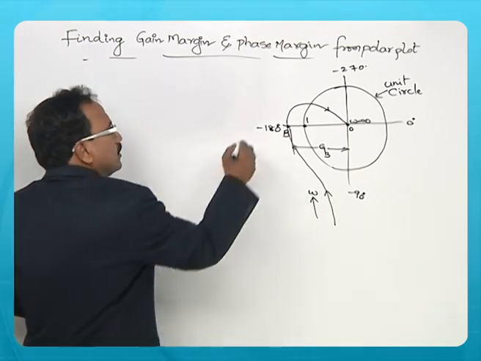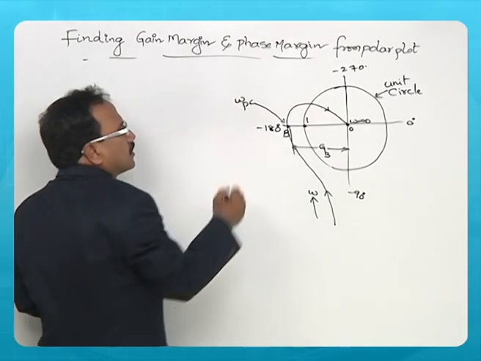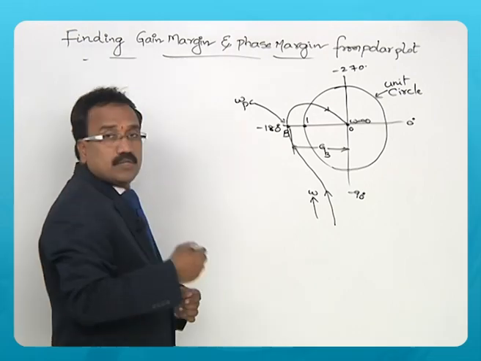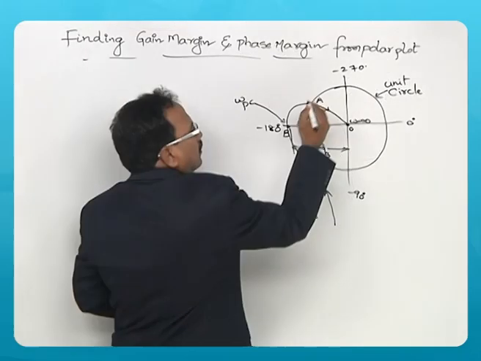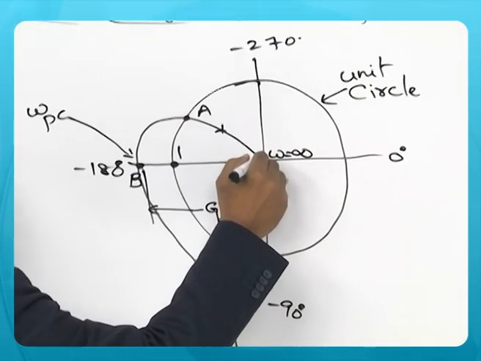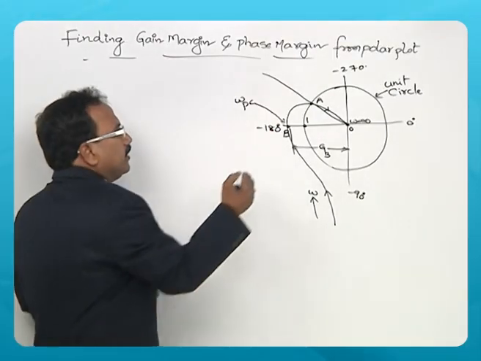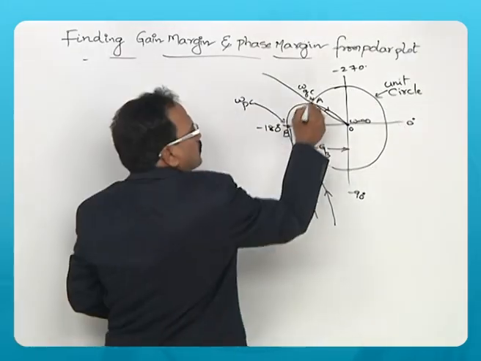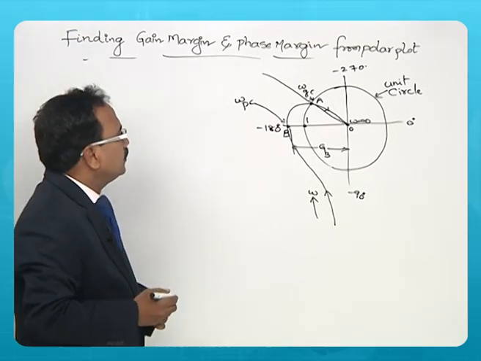Now, this is called omega PC, the phase crossover frequency. The plot crosses the unit circle at point A. If you draw a line through that point, this point is known as omega GC, the gain crossover point, because it is a unit circle whose magnitude is 1.